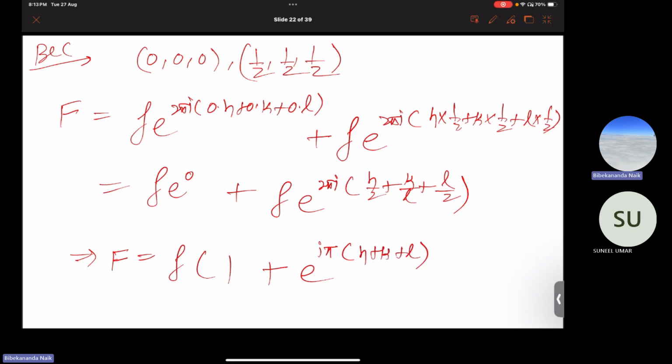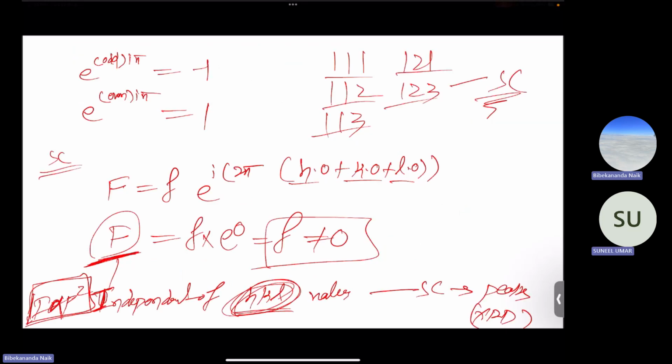Now, if the i pi multiplying factor is odd, then the value will be minus 1. If the i pi multiplying factor is even, then the value will be plus 1.